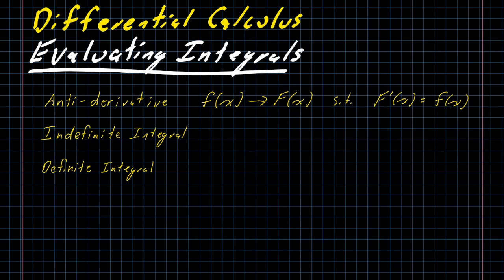The indefinite integral we denote using the integral sign, little f of x dx, and this is the family of all antiderivatives: capital F of x plus an arbitrary constant of integration.